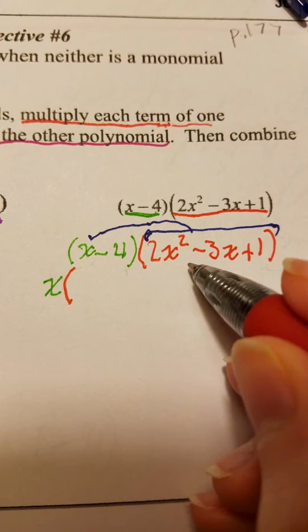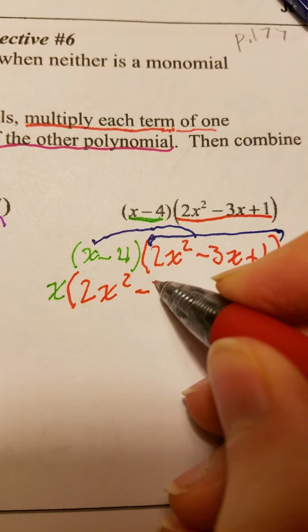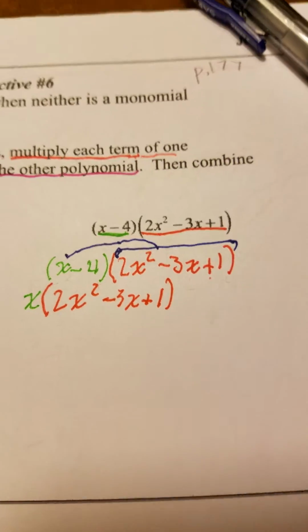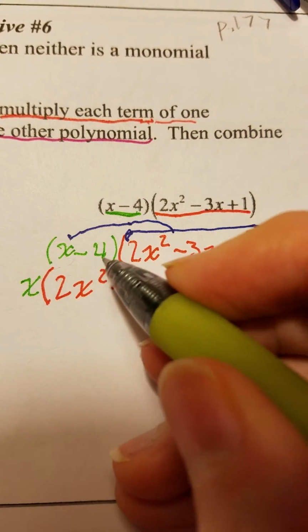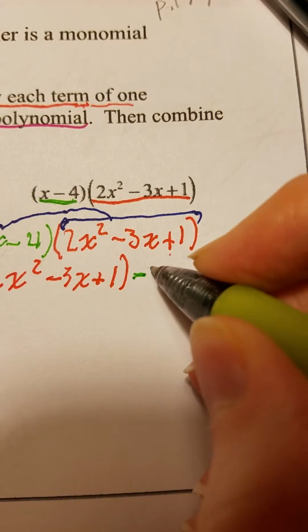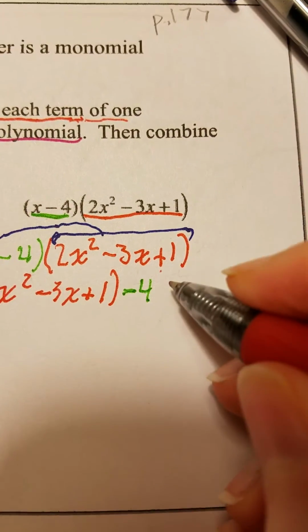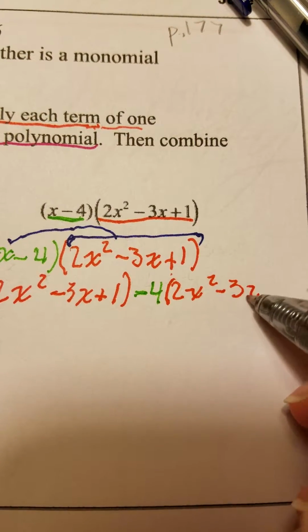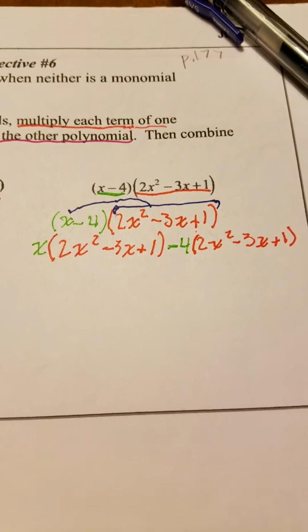So x times 2x squared minus 3x plus 1. Now we are going to distribute the negative 4 there. So then you have a minus 4 times all of it. So negative 4 times 2x squared minus 3x plus 1. Okay, now you just use your regular good old distributive property where it looks less intimidating.